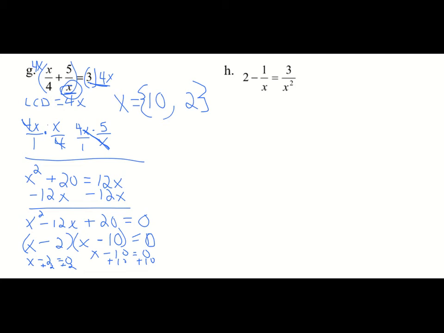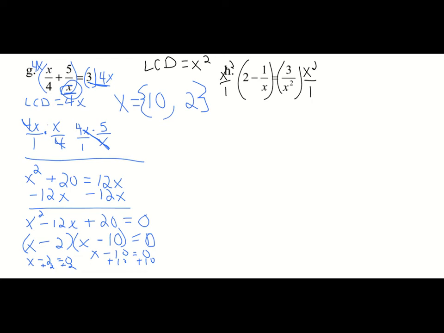So for H, let's see here. We are going to multiply everything by our LCD, and our LCD this time is going to be, we have x and x squared, so we're going to use the higher power, so we have x squared. So I'm going to multiply everything by x squared, or x squared over 1.